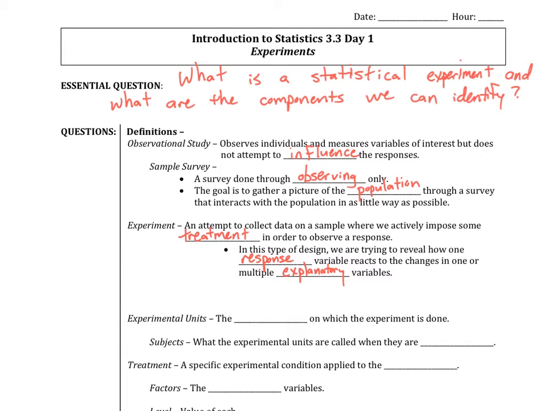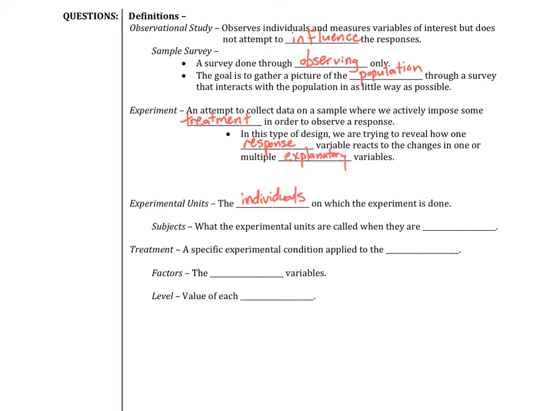All right. And experimental units are the individuals or like the lab rats, what you're going to use to do the experiment. Subjects are what the experimental units are called when they are humans.